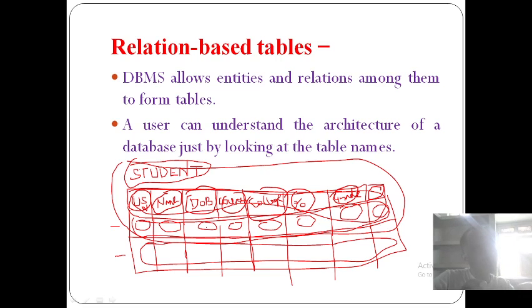Whenever you search or want to do anything, the database will go to the metadata and check in the student schema whether the university seat number, gender and age which you are looking for are there or not. It only checks that.